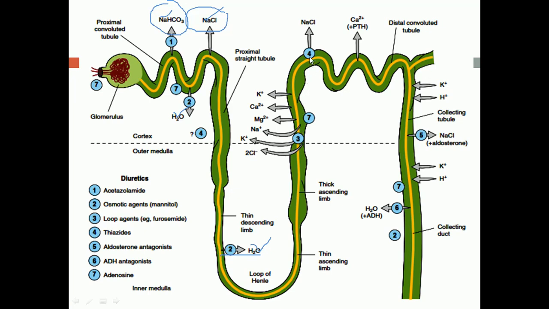Then thiazide diuretics act on this, reabsorbing sodium and chloride, while aldosterone antagonists act on this side and block the reabsorption of sodium and chloride. Then there are ADH antagonists, they block anti-diuretic hormone, so ultimately they block water reabsorption.